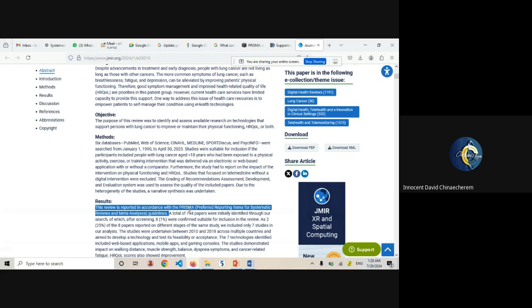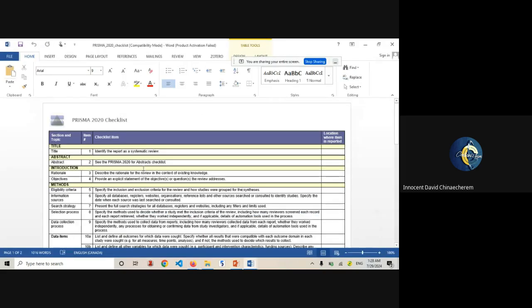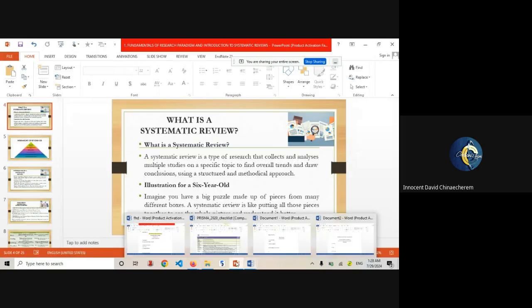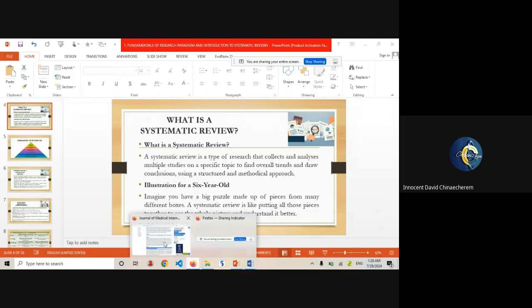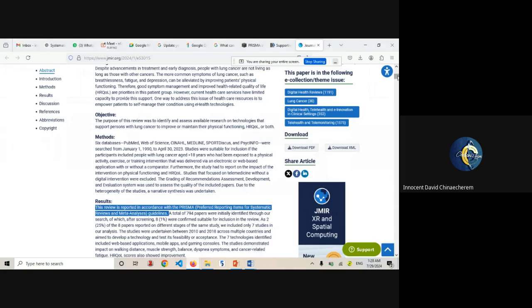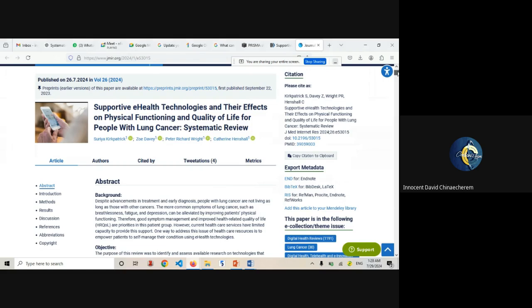The next thing the reviewer is going to do when this manuscript was submitted is to open this. Then they check: did he identify it as a systematic review? They check the article immediately. Yes, he did. It's clear in the title, right?